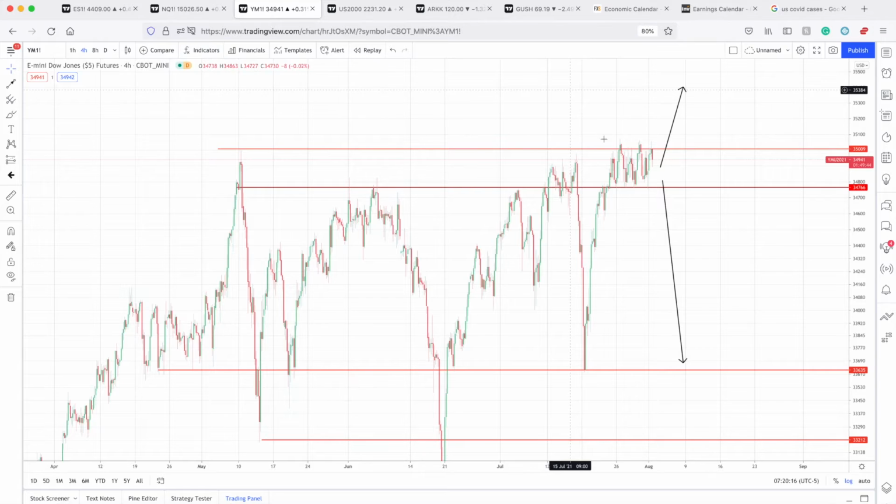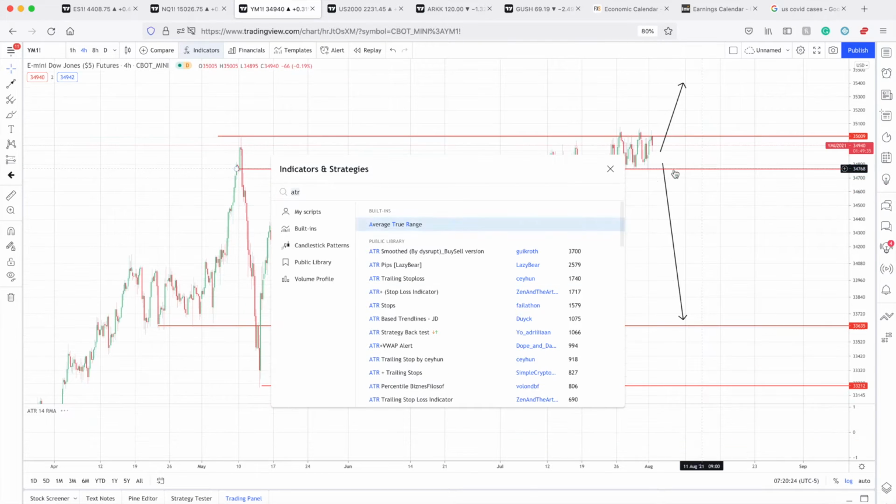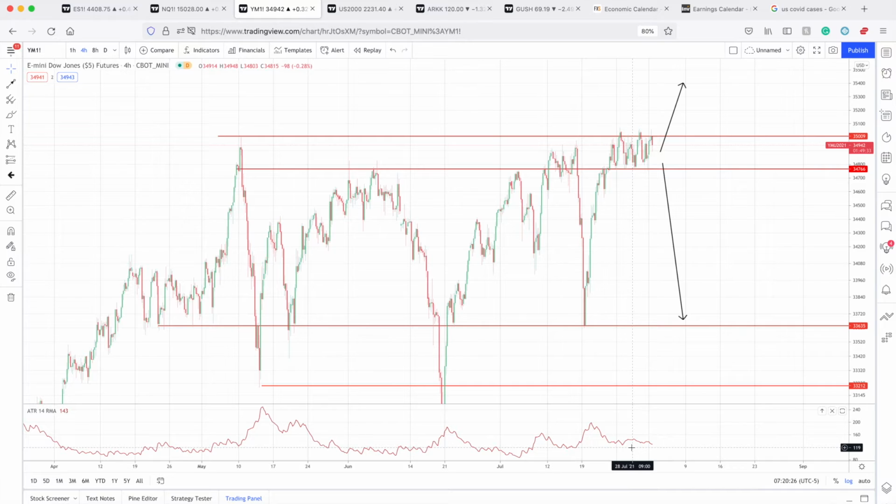And the fact that we've been consolidating in this narrow range for a while means that volatility has fallen. If you look at the ATR, you can see we're falling back down quite a bit since this sell-off here. Haven't moved much at all, really. Although we have not fallen as low as these levels in June or even these levels here.